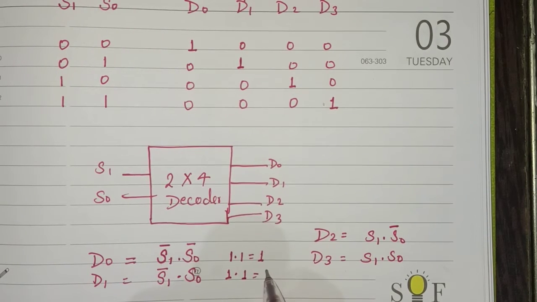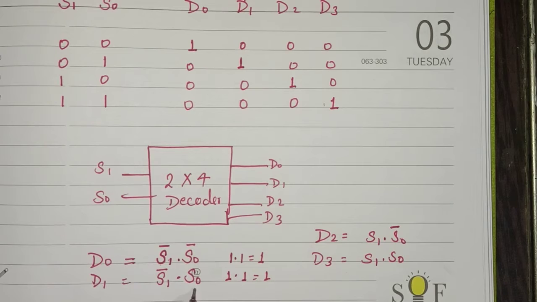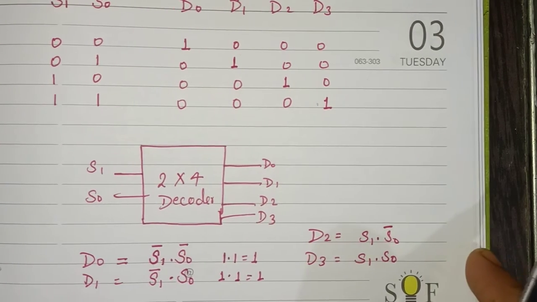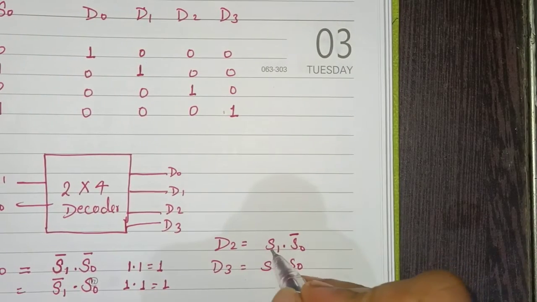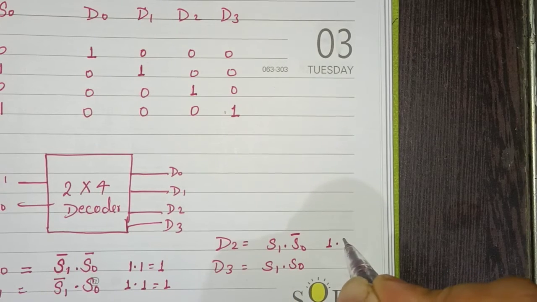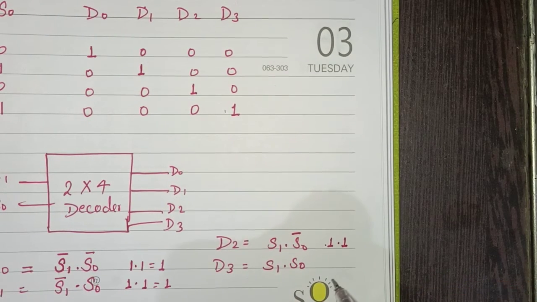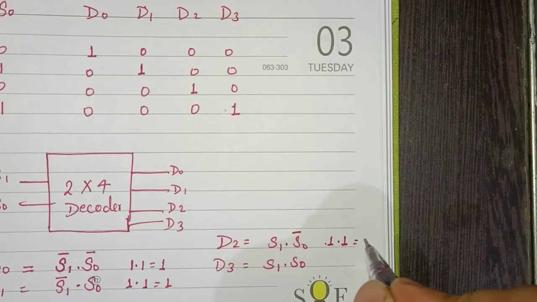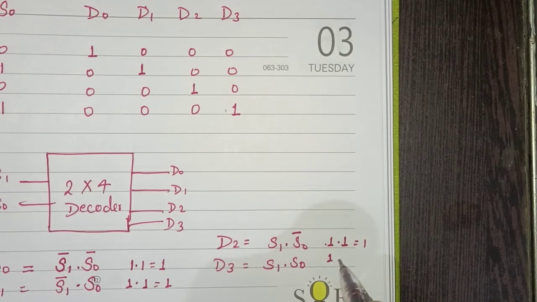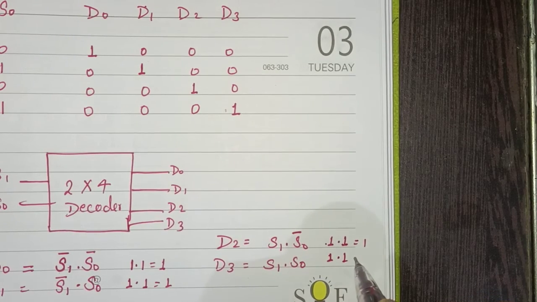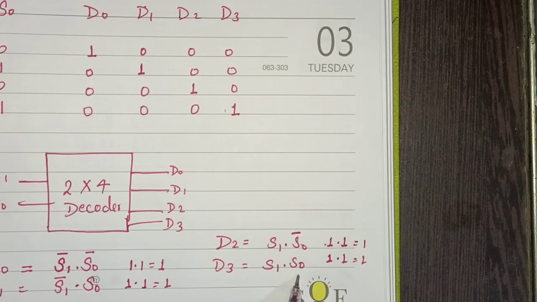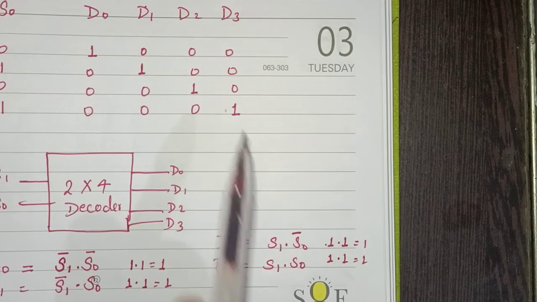So 1 into 1 is 1. So for this input, D1 is active. For D2, same process. S1 without bar means 1, and S0 with bar means 1. So 1 into 1 is 1, and D2 is active. Here S1 value is 1 and S0 value is 1, so the value is 1. So D3 is active.